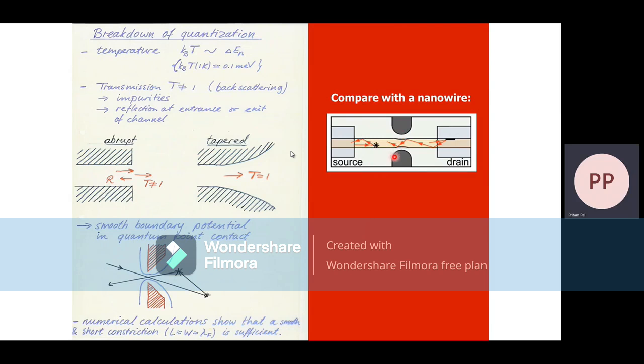So these one-dimensional systems are very prone to resonances, while two-dimensional systems are less prone to resonances. Of course, it all depends on disorder, right?